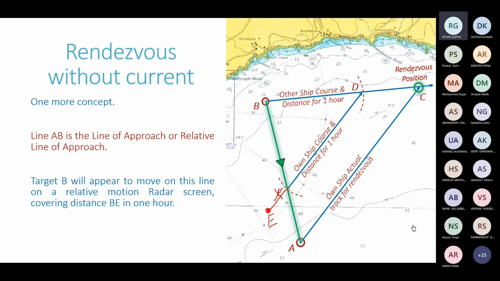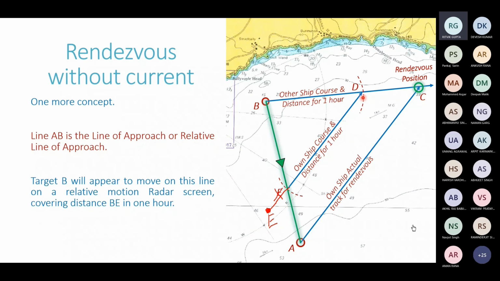So what I have done is I have drawn the other ship's course and speed vector, and where this vector has ended, that is at point D, I have drawn my ship's course and speed vector in reverse. These were the two items which were given to me. So I have plotted them following the same concept on my plot.